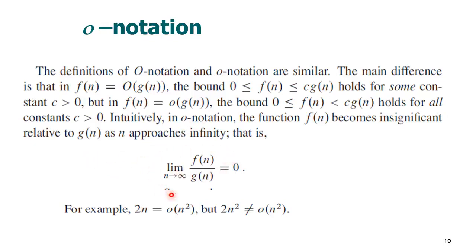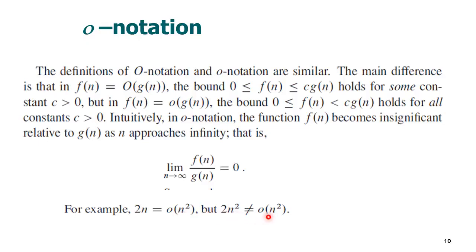If we take calculus, then f(n) divided by g(n), when n tends to infinity, is equal to 0. We can take an example here. For example, 2n is o(n squared), since 2n is strictly less than n squared asymptotically.